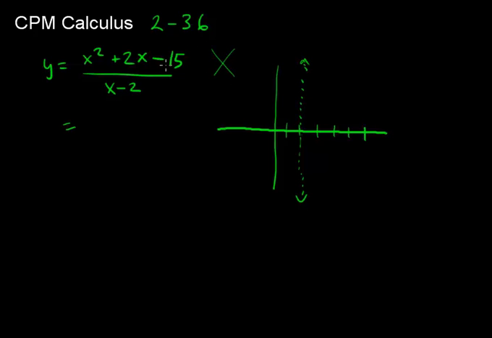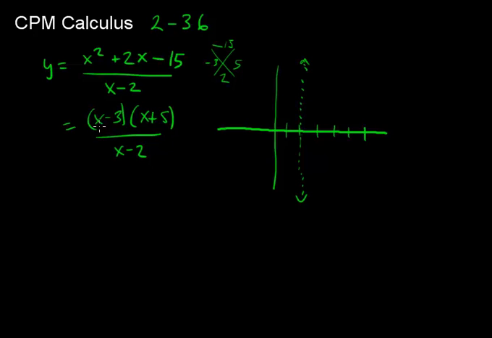You want numbers that multiply to get negative 15 and add to get 2, so that's going to be 5 and negative 3. So this is equal to x minus 3 times x plus 5 over x minus 2. I just factored the numerator.